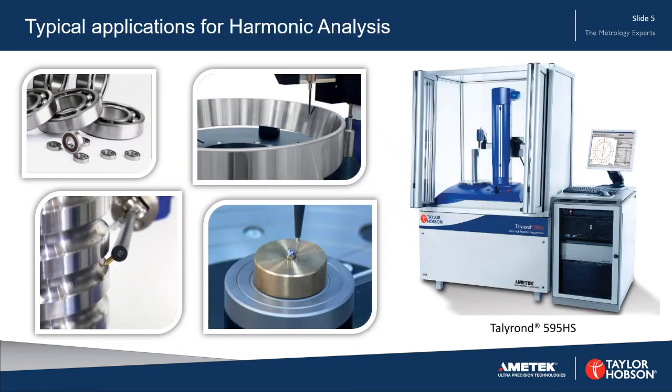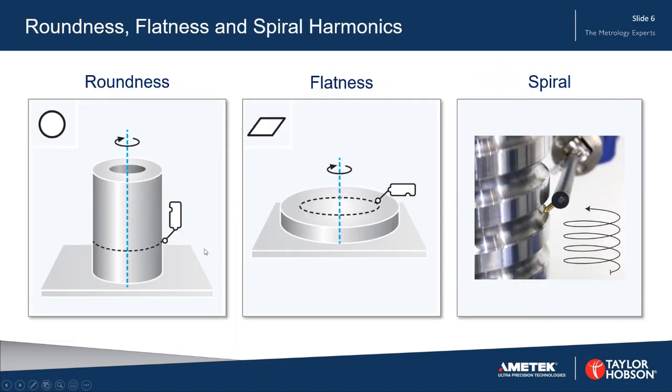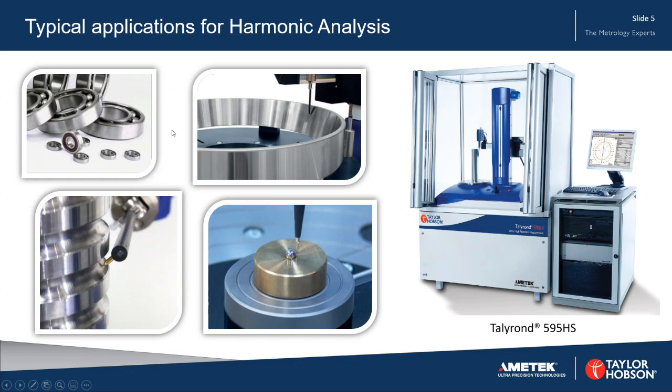But before we get there, let's just see what we use this harmonic analysis for. We have several examples of where it's vital to the production process and to the design process, particularly of bearings. On the top right, you can see some inner and outer races and some ball bearings.